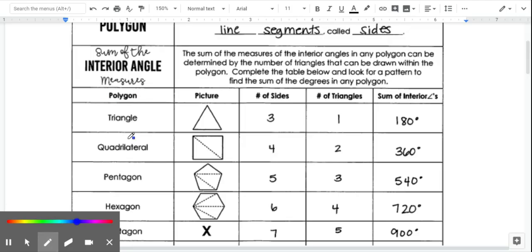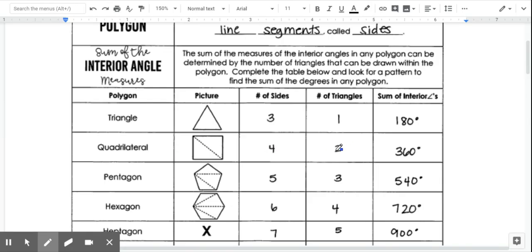First polygon that we can make is a triangle that has 3 sides, of course. And obviously the number of triangles you can fit in there is 1. And we know that the sum of the angles is 180, so this we already know. Let's look at a quadrilateral. Quad means 4, so a quadrilateral has 4 sides.